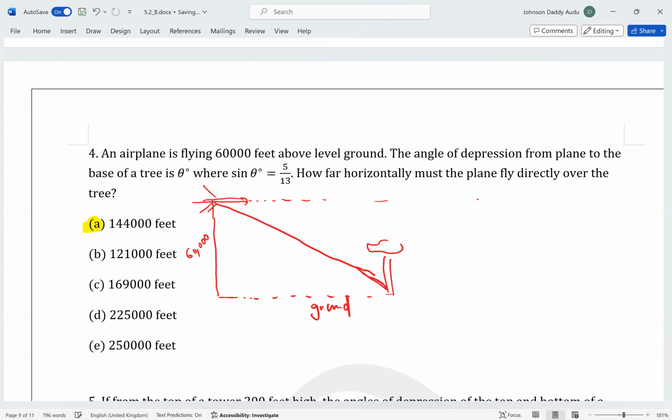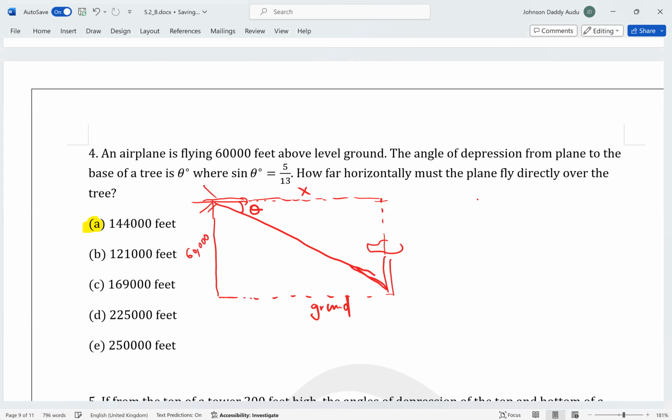So this angle of depression is going to be here, theta, right? So the angle of depression to the base of a tree is theta. And now we want to find how far horizontally the plane must fly to be directly over the tree. So this is the horizontal distance we need. Let's call it x, right? So that is what we want.